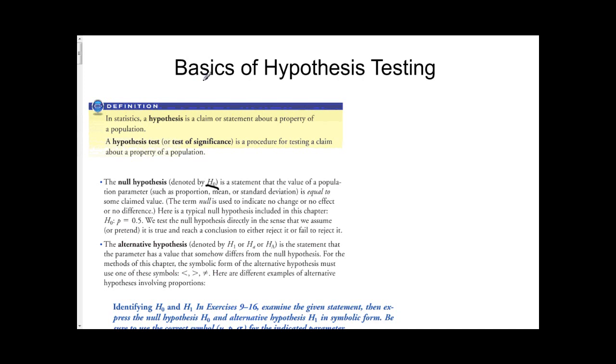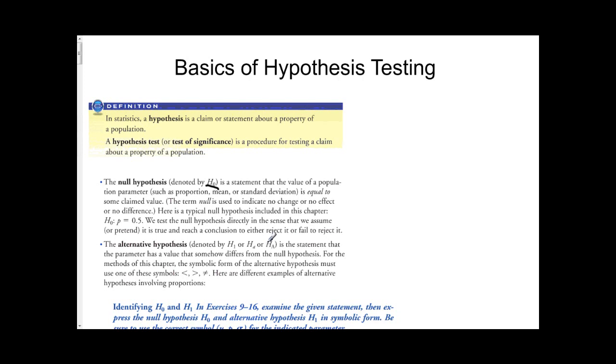The other kind of hypothesis is the alternative hypothesis. The alternative hypothesis is denoted in one of these three ways: H1, Ha with a lowercase a, or HA with an uppercase A. All three of these notations mean the alternative hypothesis.